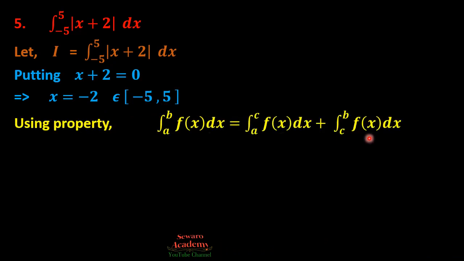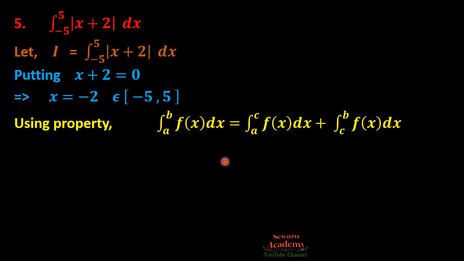So this is the property. Our lower limit is a, upper limit is b, minus 5 and 5. And here, the limit from the middle, c, is this minus 2. This c, which is the upper limit of the first integrand and lower limit of the second integrand, we get from equating the function to 0.